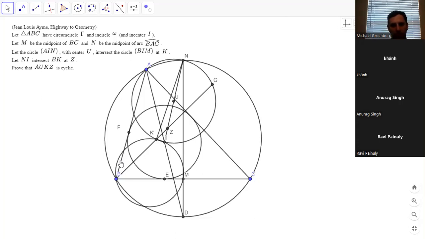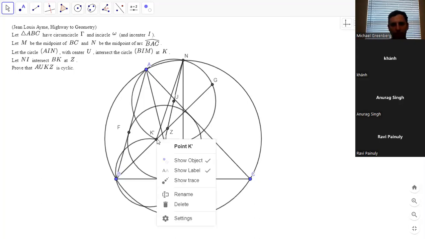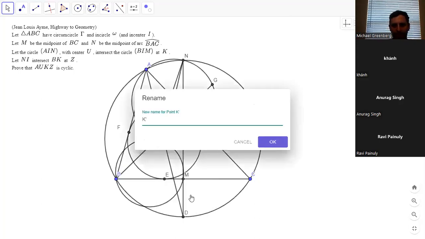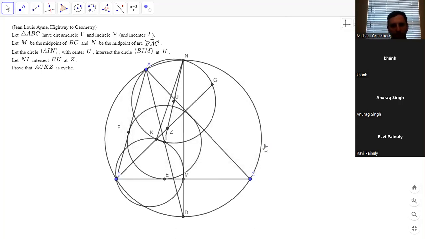Okay. To show that AUZK is cyclic, how do we do the angle chase? KAU is 90 minus AGK.